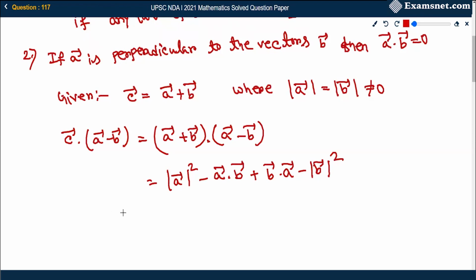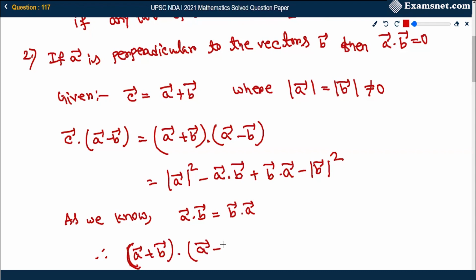Okay, so here as we know that the scalar product of A and B equals the scalar product of B and A, therefore these two will get cancelled, and we get mod A square minus mod of B square.